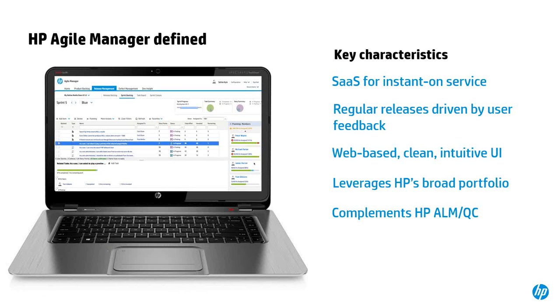So we are regularly releasing new features and functionality into the product, typically on a monthly basis for our SaaS users, and a roll-up of that on a quarterly basis for our on-premise customers. It's built on Web 2.0, clean technology. It's a very intuitive UI, built from the ground up to integrate into HP's broader portfolio.